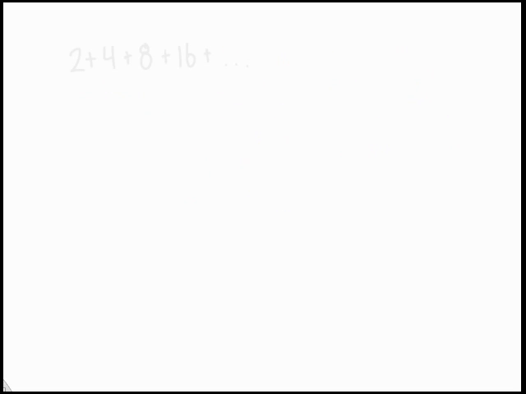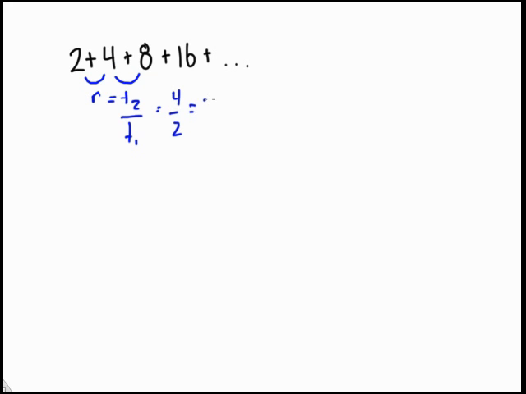So here's example one. Here is a geometric series, and we know it's geometric because there is a common ratio, our R value, which can be found by taking, let's say, term 2 divided by term 1, or maybe term 3 divided by term 2. It is 4 over 2, which is 2.